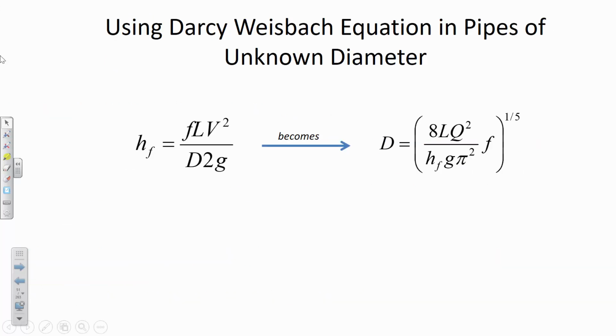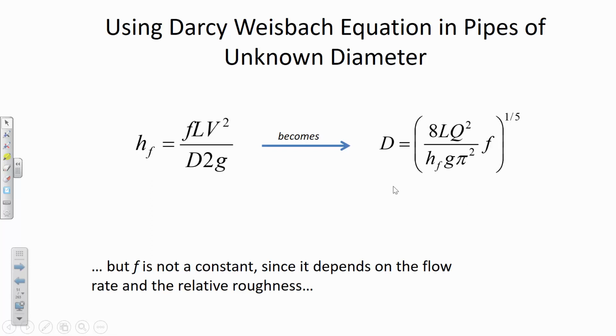With the Darcy-Weisbach equation, if the unknown becomes the pipe diameter, we could rearrange the equation to look like this, for a circular pipe where we're trying to solve for some unknown pipe diameter. Now the tricky thing is we can't just solve directly.